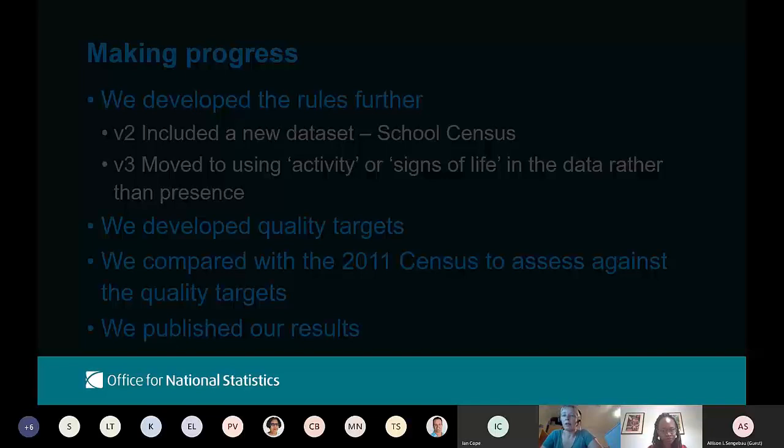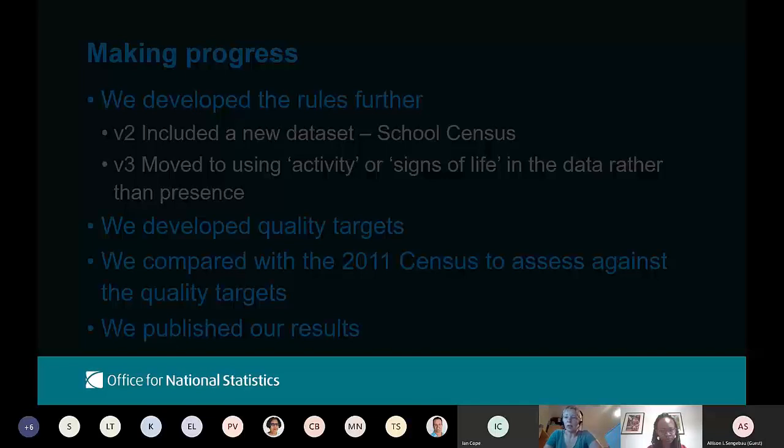With our version 3 attempt, we moved to using activity or signs of life in the data rather than presence. That's somebody who we could see had changed their address on the patient register, so we knew they were still here, or they'd interacted with the tax or benefit system, so they'd either paid tax or received some benefits.